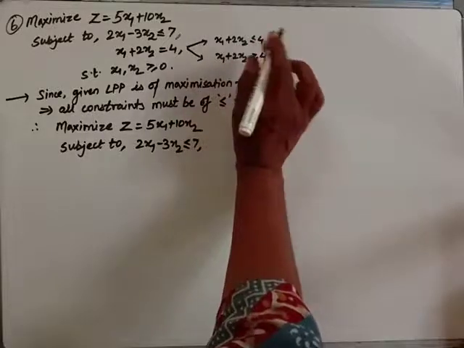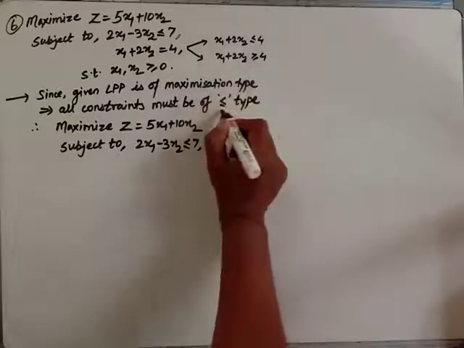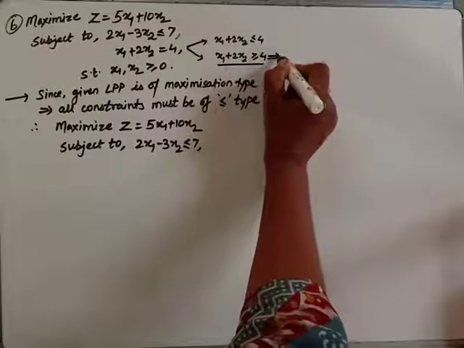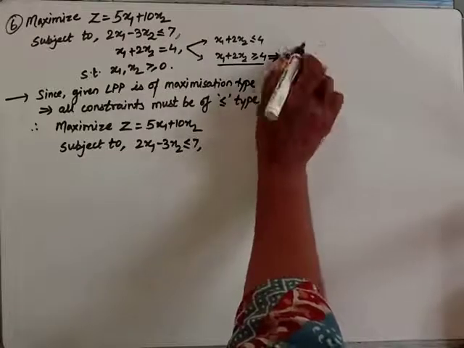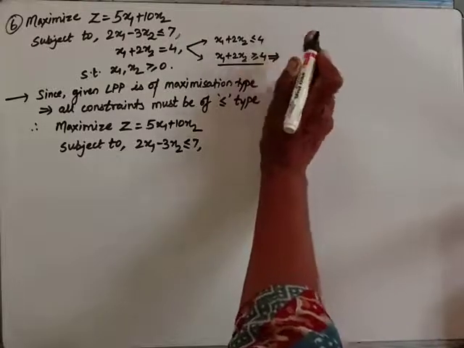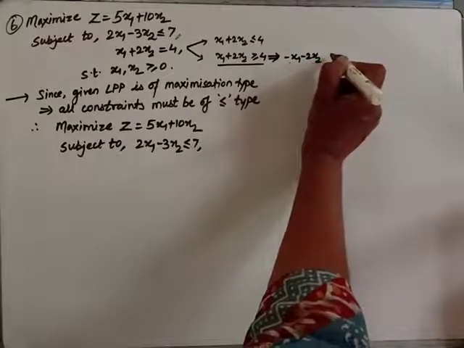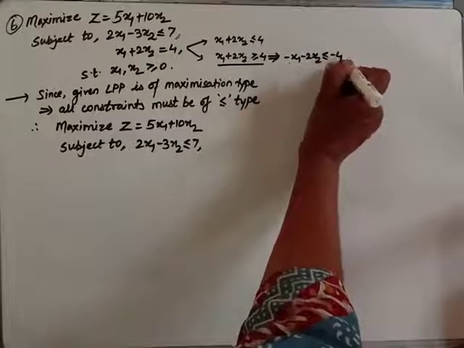So now here we want less equal type constraints, so let us reduce to this one. So minus x1 minus 2x2 less equal minus 4.